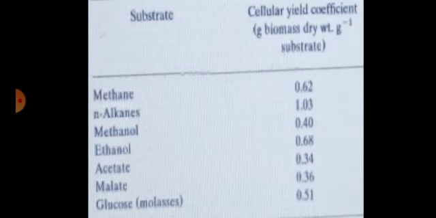So students, what you understand here is that to do media formulation we should have knowledge of cellular yield coefficient. The next part of the slide we will see in the next PPT, as we are reaching the time limit.